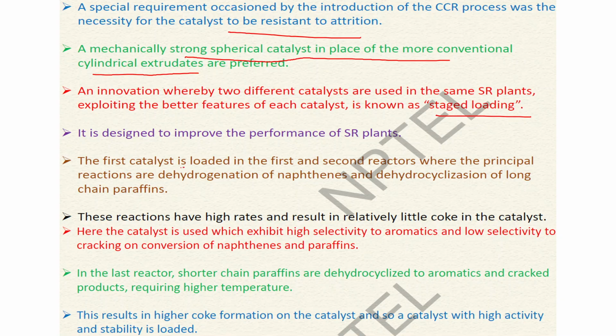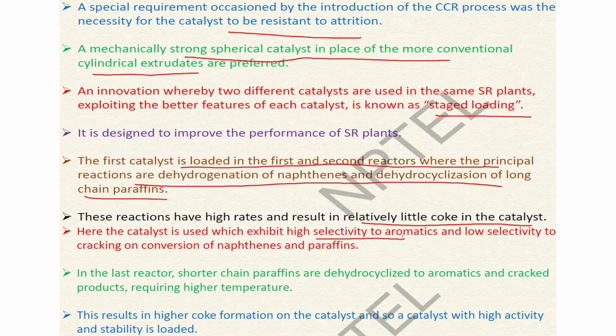The first catalyst is loaded in the first and second reactor, where the principal reactions are dehydrogenation of naphthenes and dehydrocyclization of long chain paraffins. These reactions have high rates and result in relatively little coke on the catalyst. Here the catalyst used exhibits high selectivity, in the first two reactors mainly to conversion of naphthenes to aromatics, and dehydrocyclization, where production of aromatics from paraffins takes place.